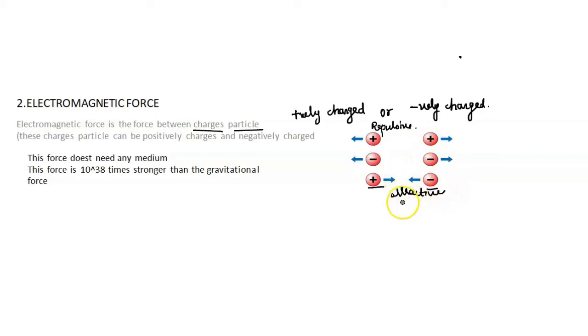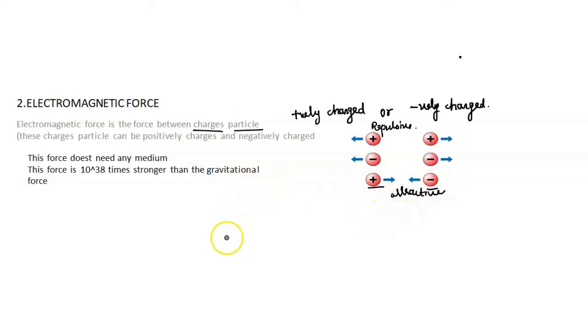So the forces can be either attractive or repulsive. If the force acts between like charges, we say that the force is repulsive, and for opposite charges the force is attractive.